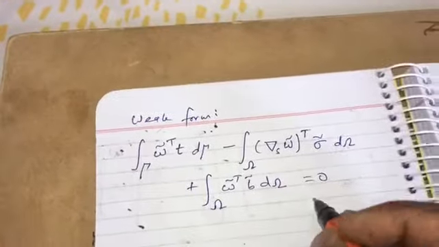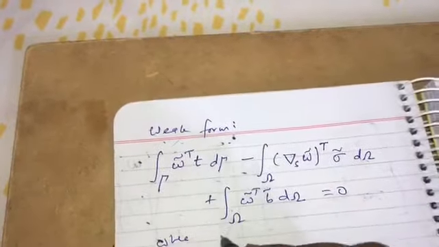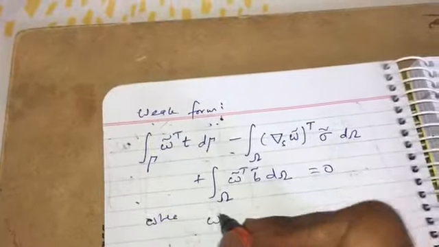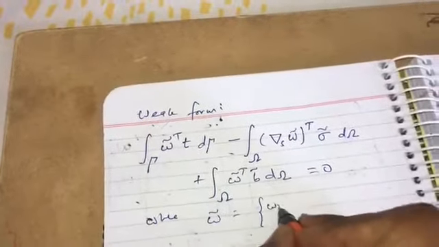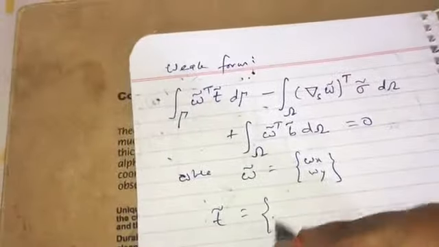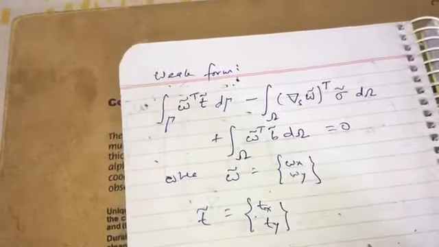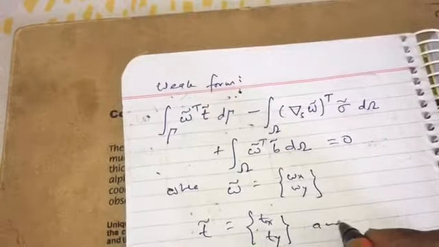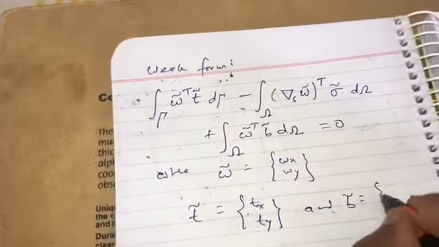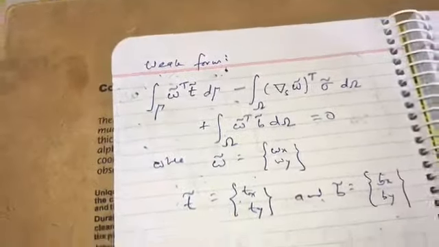B is also a vector here, where we have W equal to Wx, Wy. T is also a vector, so T is the x component of the traction and y component of the traction, and B is the body force, the x component and the y component.